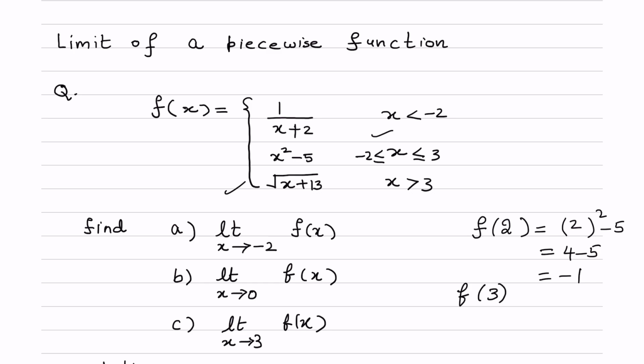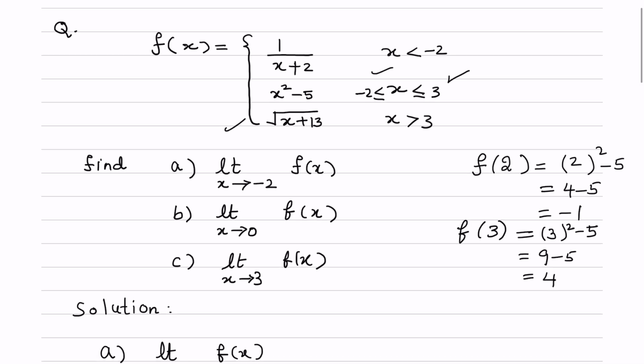First you will pick the function where x has the equality sign with 3. So again look at this second category where x is less than or equal to 3. Along with 3, the equality sign is here. So we will pick that function x square minus 5, and in the place of x you will put 3, which is 4.